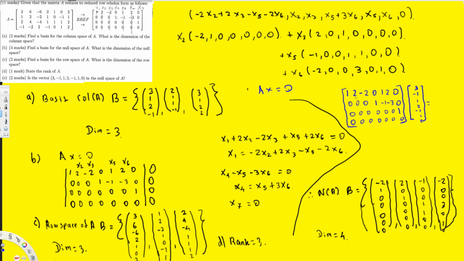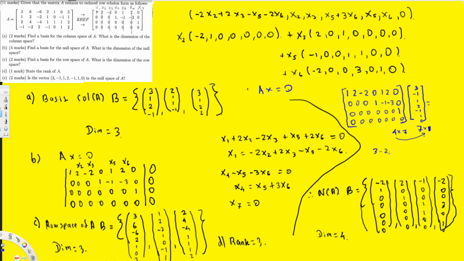So let's see whether it's true. Since A is a 4 by 7 matrix and this is a 7 by 1 matrix, my final answer is going to be 4 by 1. So let's multiply. 1 times 3 is 3. 2 times minus 1 is minus 2.